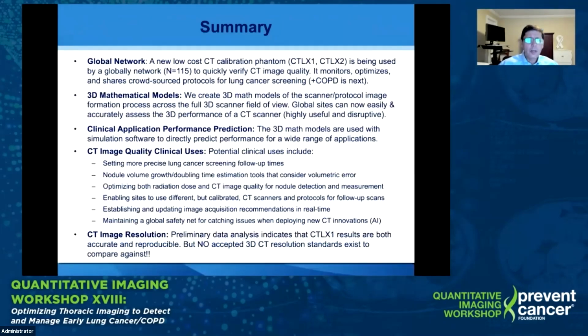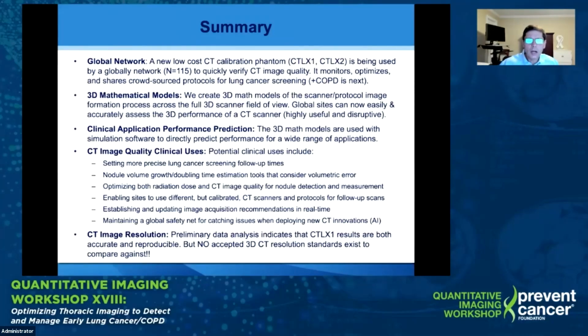So in summary, we now have a global network using a new low-cost CT calibration phantom, the CTLX-1 and the CTLX-2. We have 115 phantoms distributed around the world, and those sites can now quickly verify their CT image quality. And not only that, but they can optimize and they can share their crowdsourced protocols for CT lung cancer screening.